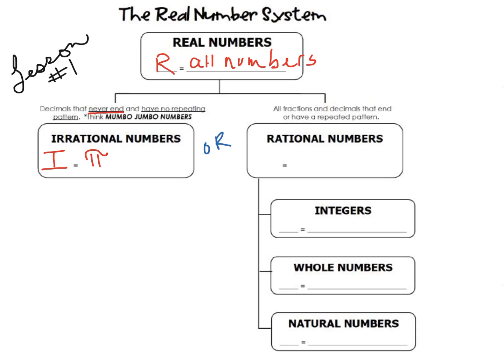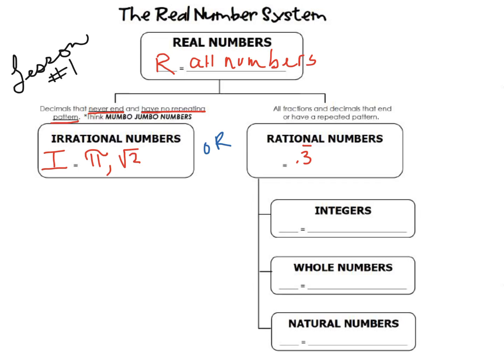Another one would be square root of 2. Okay, it has a decimal that never ends, but it also does not have a repeating pattern. So if I had like 0.33333 forever, that would be a repeating pattern, and that would fit into the rational numbers over here.